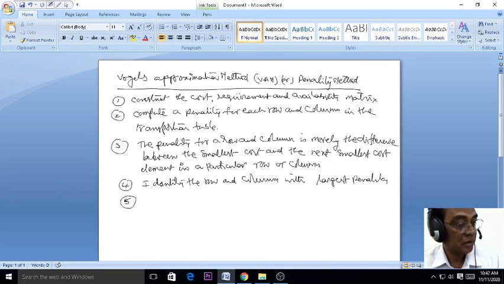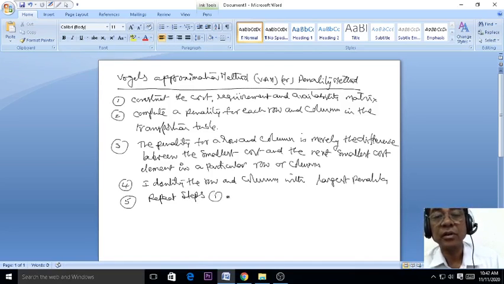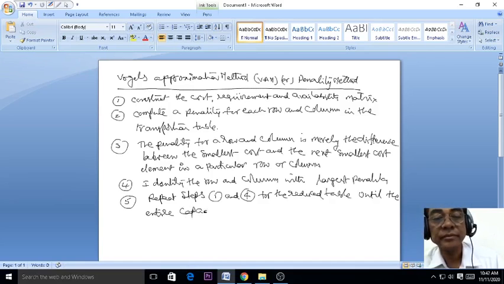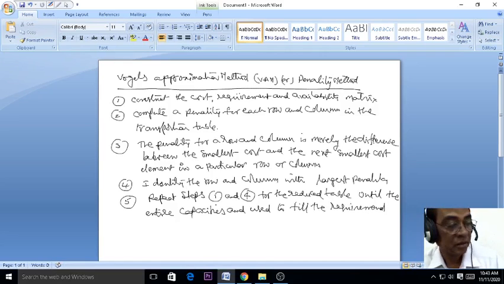The last step, repeat steps 1 to 4 for the reduced table until the entire capacity is used to fill the requirement at different warehouses.